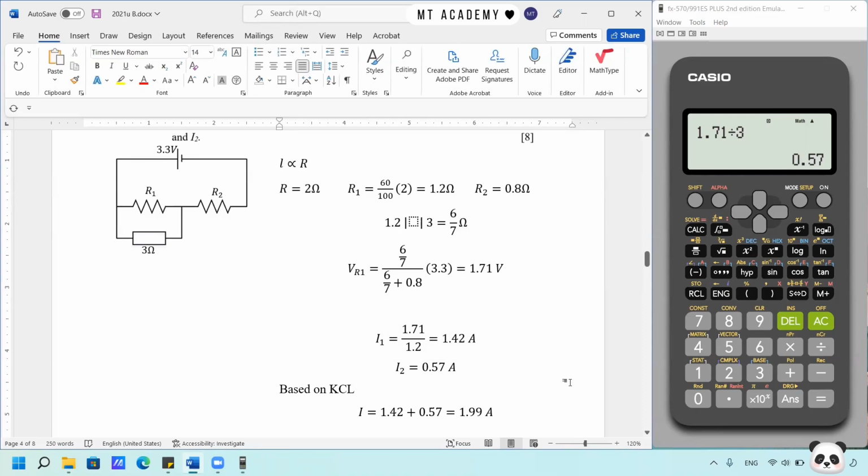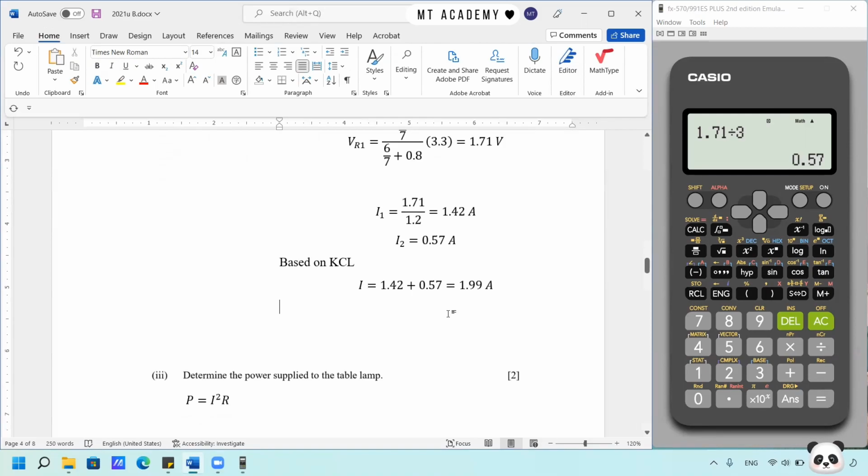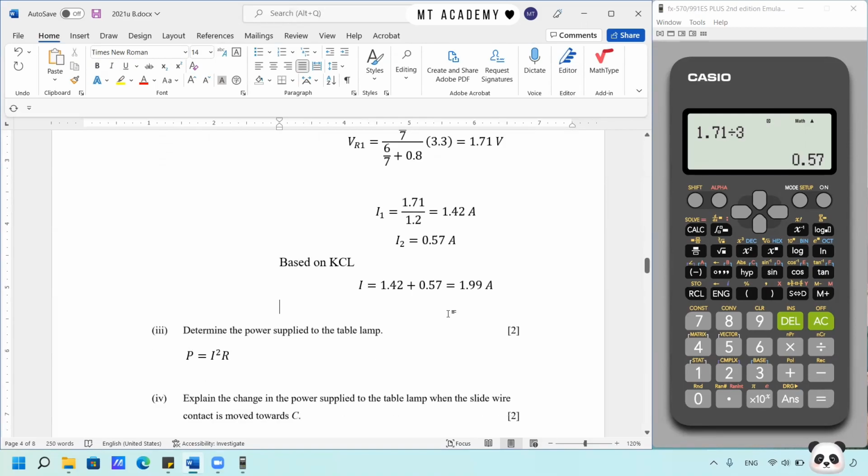For those who apply Kirchhoff's law, maybe you can let me know if you get the same answer. So we proceed to the next one, determine the power supplied to the table lamp. Simple, we can just apply the formula P equals I squared R, or you can use V squared over R, or P equals VI, because we have all the information. Here, let me use the current through I2, which is 0.57.